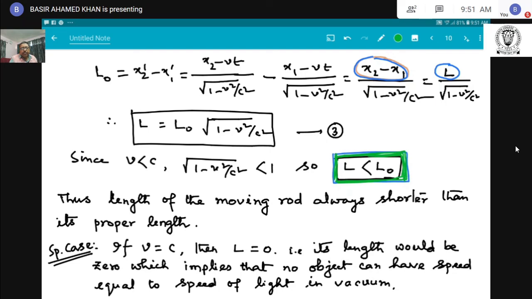Thus, if v equals c, then its length would be 0, which implies that no object can have speed equal to the speed of light in vacuum. It is very interesting.